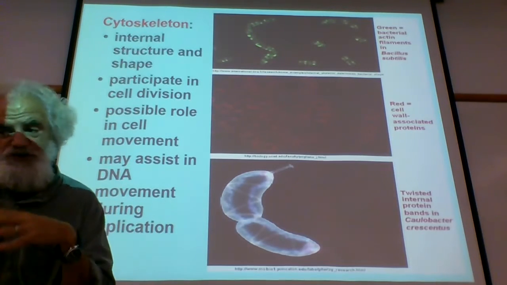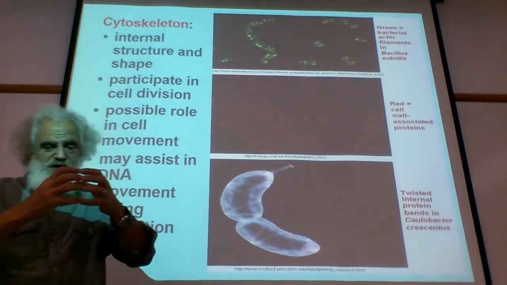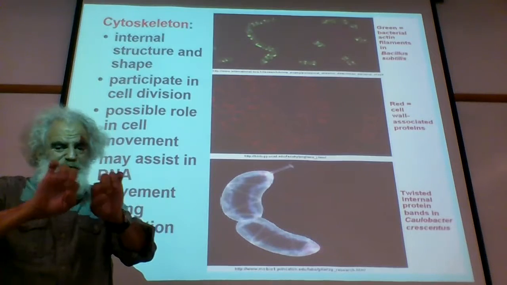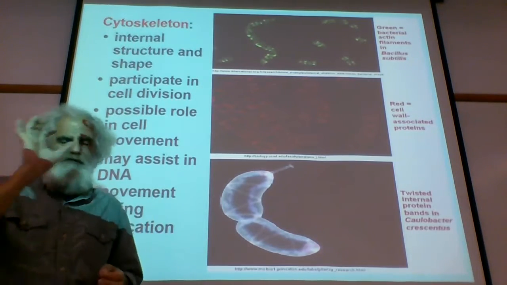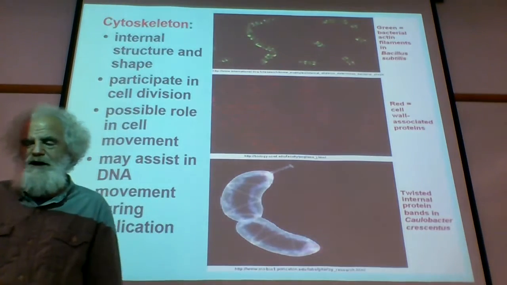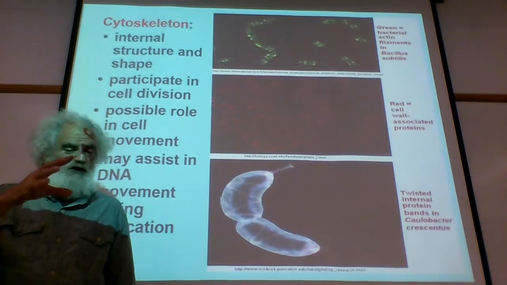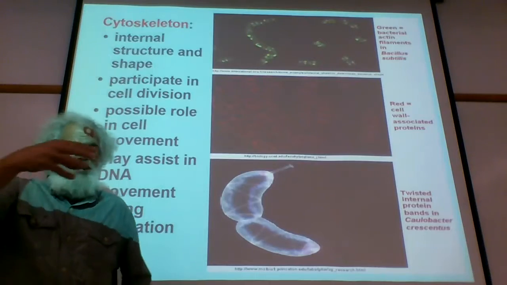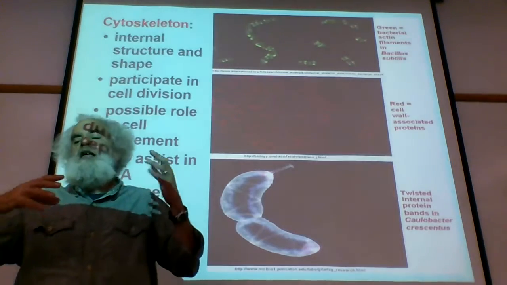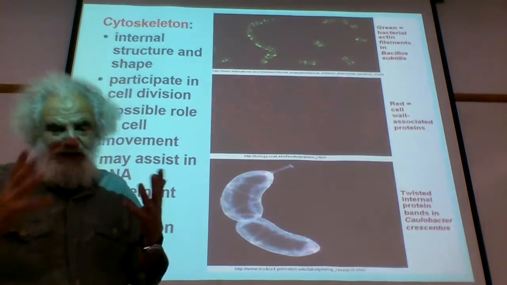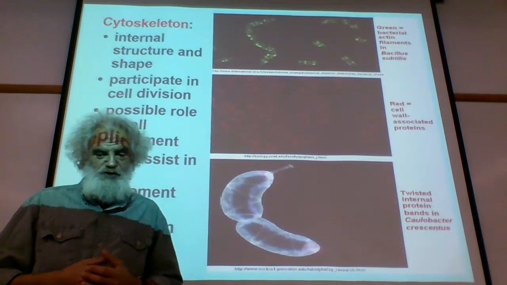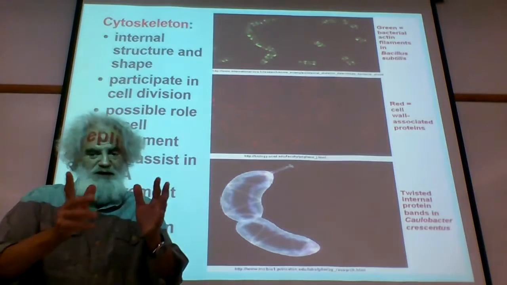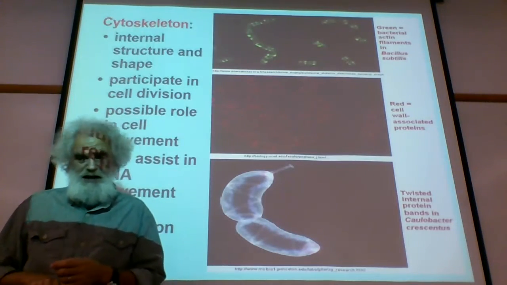And so the cytoskeleton is providing an internal structure and shape. It's also critical for cell division. That is, the ability of cells to actually begin dividing the chromosome and then to actually pinch off into two cells. That's going to be a component of the cytoskeleton as well, to kind of carry out this pinching going on. It also is able to pull apart the DNA. Now, in eukaryotes, in all the various eukaryotic cells that have the nuclear envelope, the chromosomes are individual pieces rather than a circular DNA like it is in bacteria.